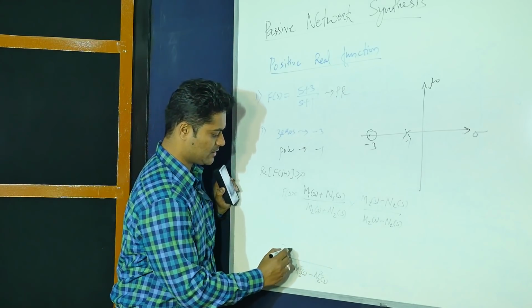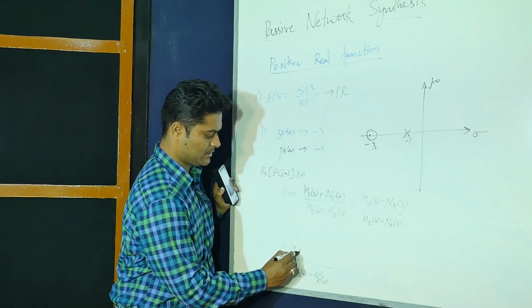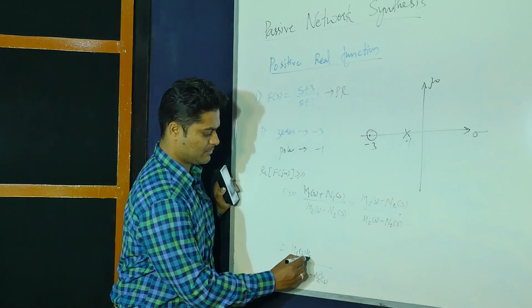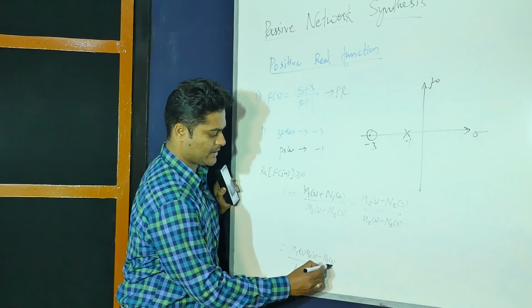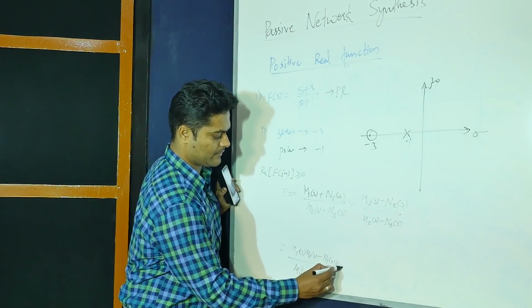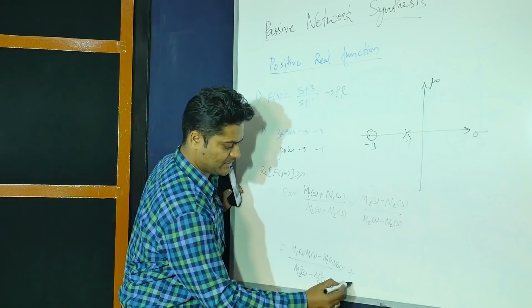So I will write the first term, m1 of s, m2 of s minus n1 of s, n2 of s. And I will write the other term like this.